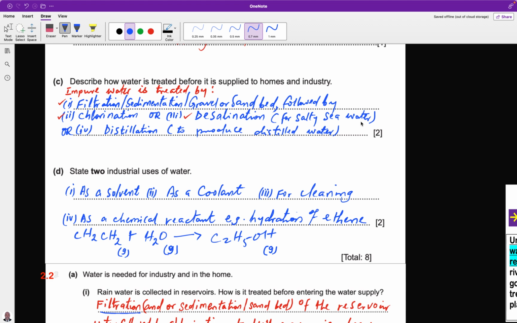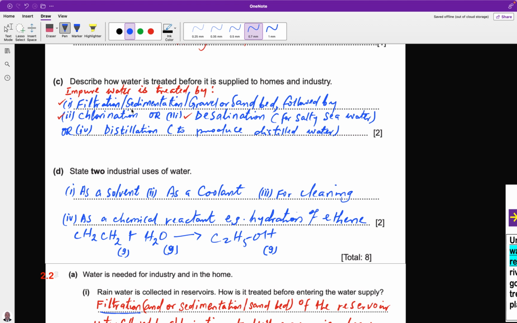The first thing is what? The impure water from a reservoir, which has come from rain, lakes, rivers, is treated by filtration. That filtration carries many ways.